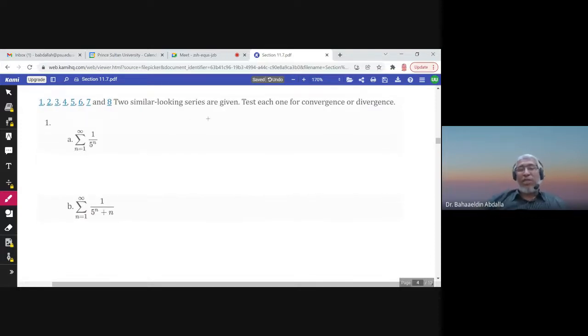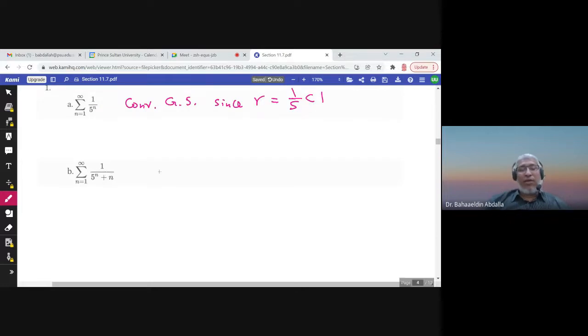Two similar looking series are given. Test each one for convergence or divergence. Well, this is a convergent geometric series, since r is 1 over 5 and it is less than 1 immediately. And here 1 over 5 to the power n plus n is less than 1 over 5 to the power n, since 5 to the power n plus n is greater than 5 to the power n.